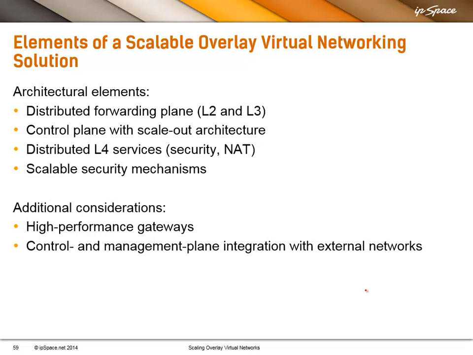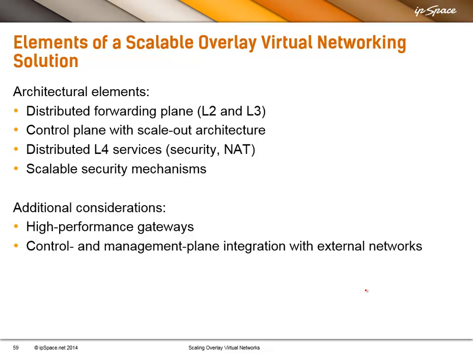We went through a number of elements that any scalable overlay virtual networking solution should have. From the architectural standpoint, we should have a distributed forwarding plane, both on layer 2 and layer 3. The control plane should have a scale-out architecture that allows us to connect multiple controllers together.